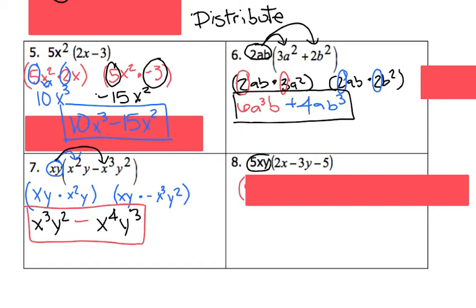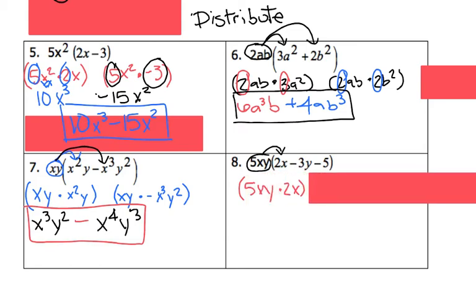So 5xy times 2x is what I'm going to do first. 5 times 2, so notice I do it with the big numbers first. 5 times 2 is 10. How many x's do I have? 1, 2. So that's x squared. And then there's only one y, so I make sure I bring that down.